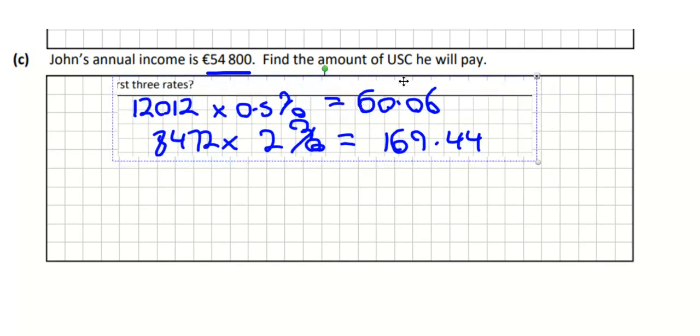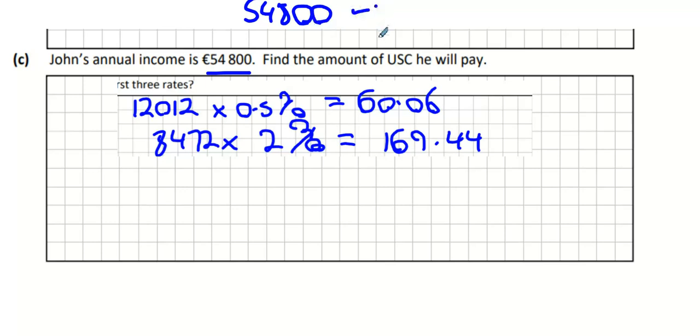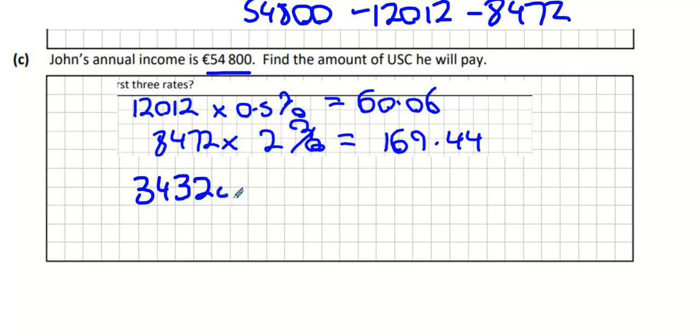Is everybody happy there? Now, what we're going to do is see the 54,800. We're going to take away 12,012 and 8,472 because we've already paid that much. That part of our money has already been accounted for. So how much do we have left then? 34,326. We still have 34,326 euro that's unaccounted for.